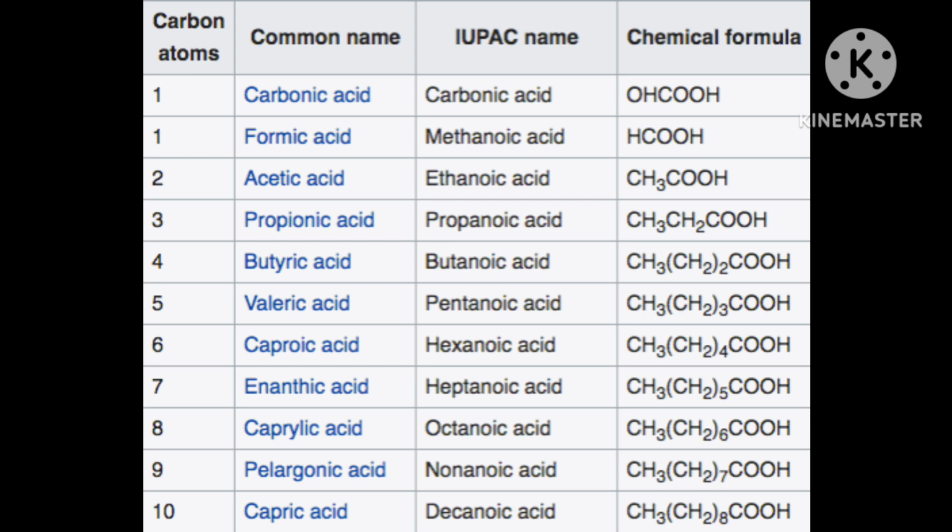Now the next example is related to the aromatic group. Suppose a COOH group, a carboxyl group, is attached to the benzene ring. Then the name will be benzoic acid.